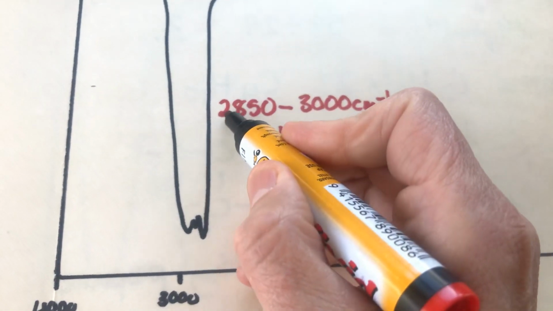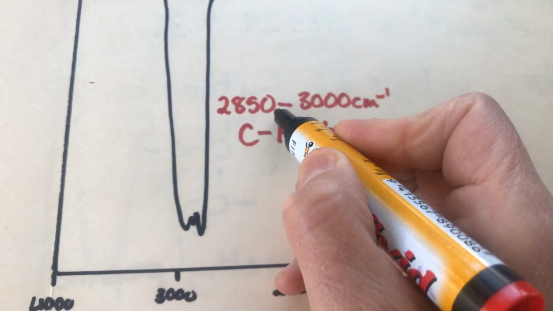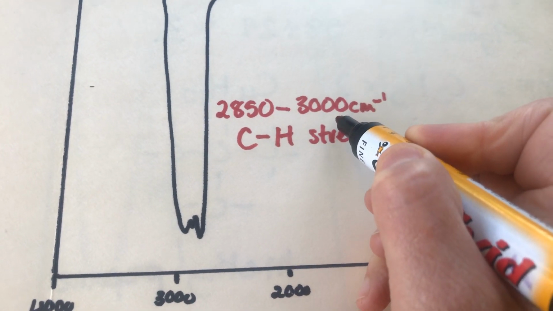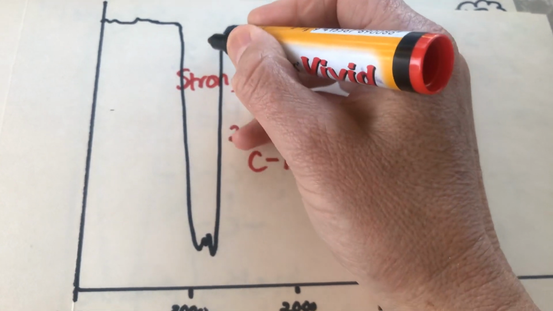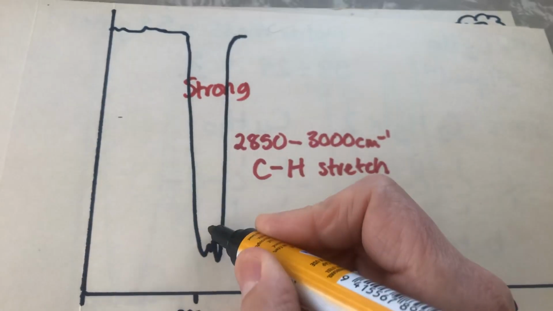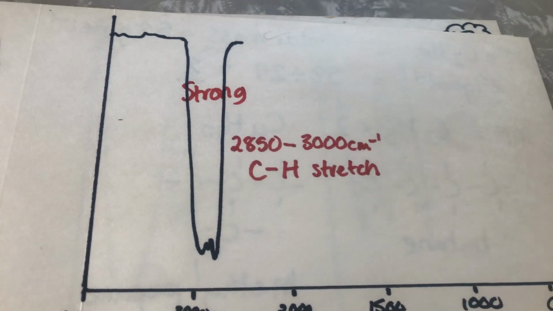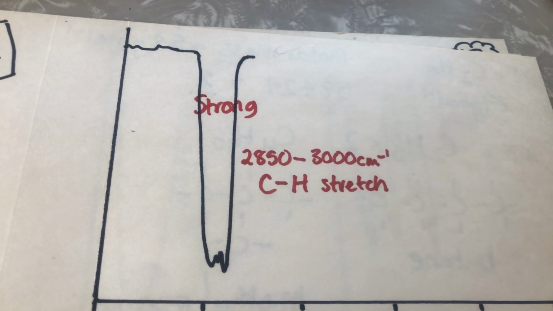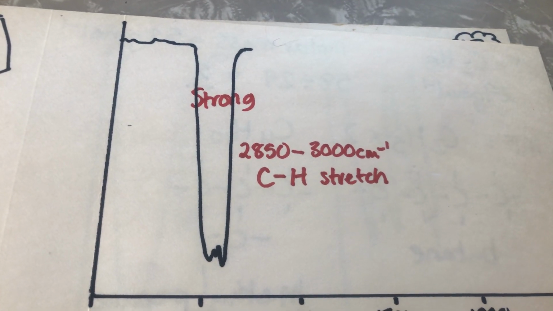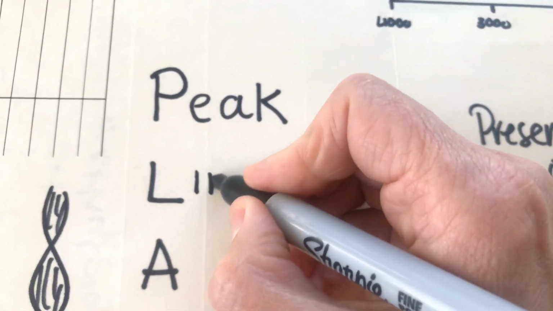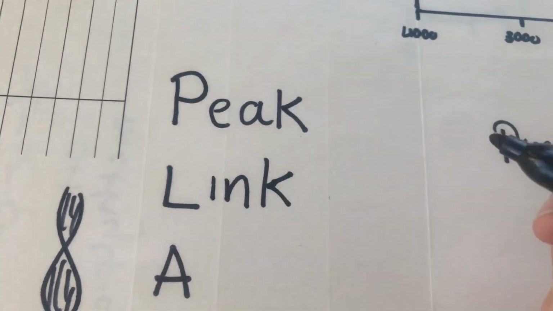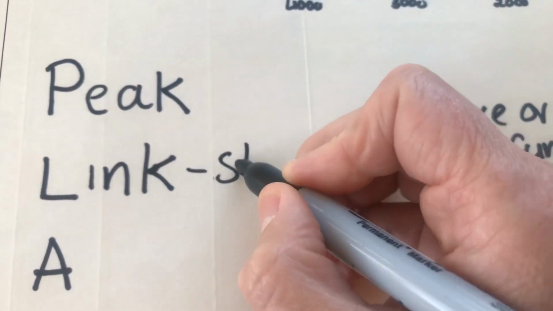So there is a peak at between 2,850 and 3,000. I would call this a strong peak, as it goes from the top right down to the bottom. That's all I need to say. So there is a strong peak at 2,850 to 3,000. The next thing I need to do is link this peak to something in the structure.